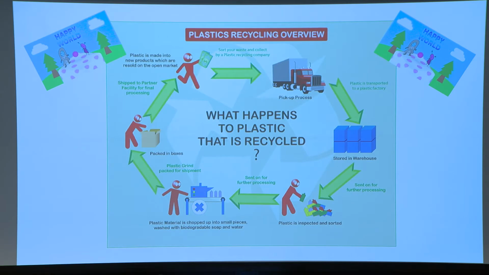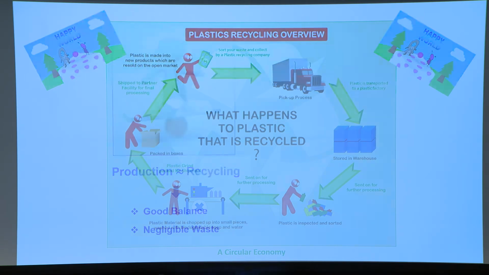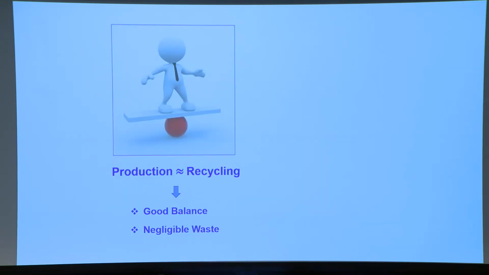But in a happy world, we take the plastic to the curb, it is taken by the truck, brought, packaged, inspected, sorted, chopped, washed, and made into new products. And we have a nice circular economy going. When the production and the recycling are about equal, we have very good balance, and there is negligible waste.